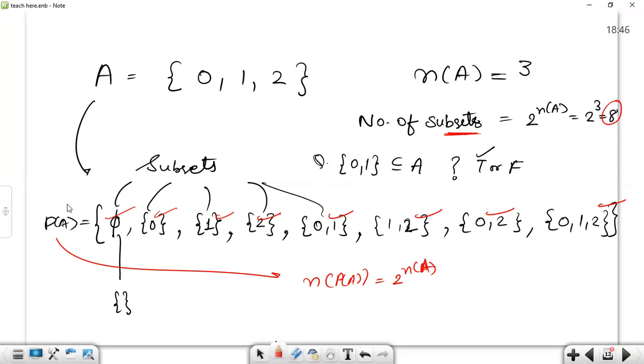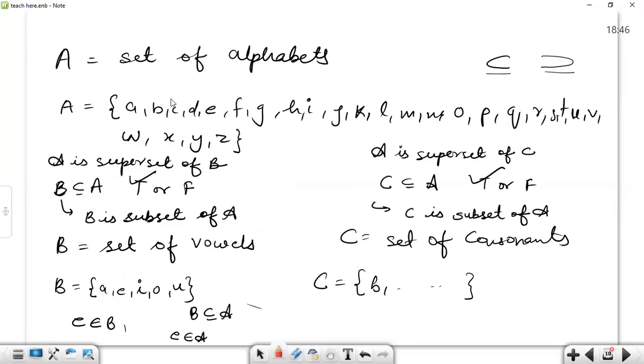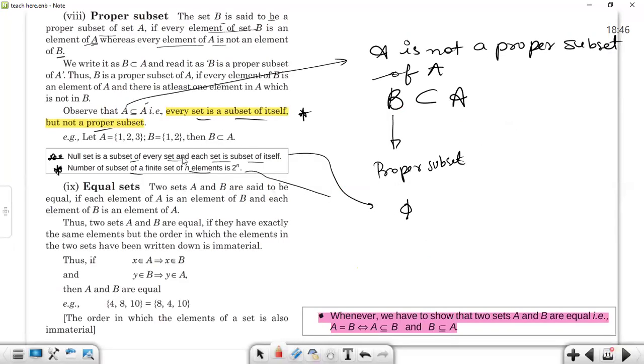The set of all subsets of a particular set is known as the power set. So these two are very important. Please consider them. And this is also important. Equal sets: two sets A and B are said to be equal if each element of A is an element of B and each element of B is an element of A. Simple.